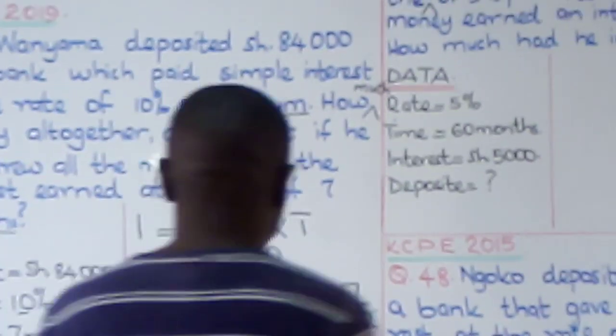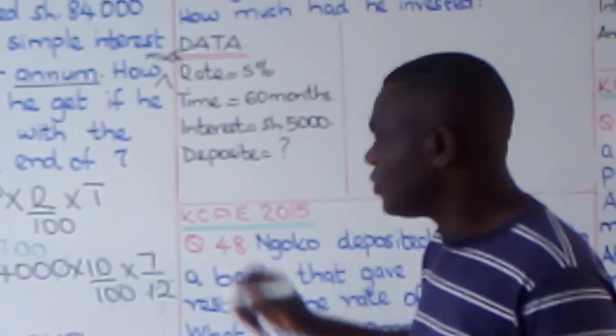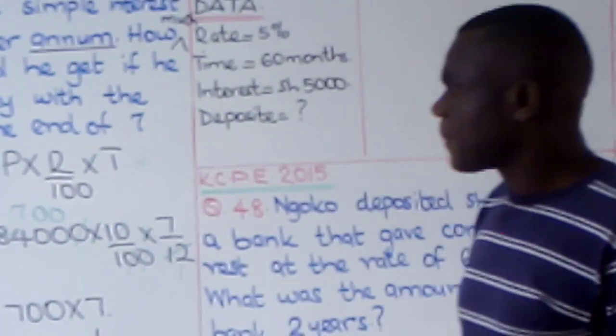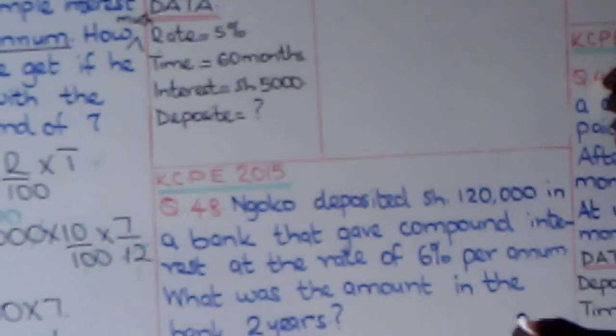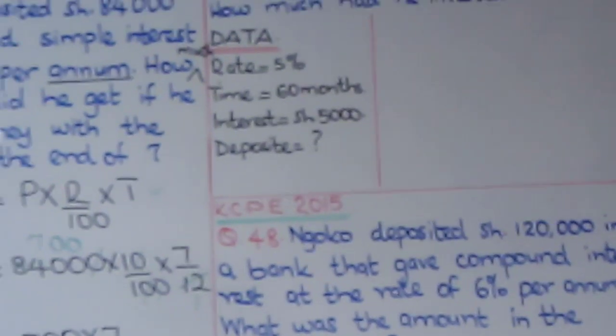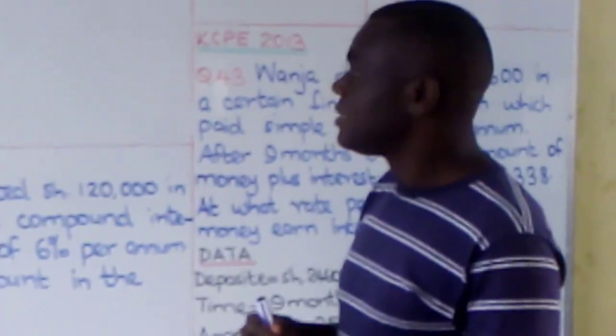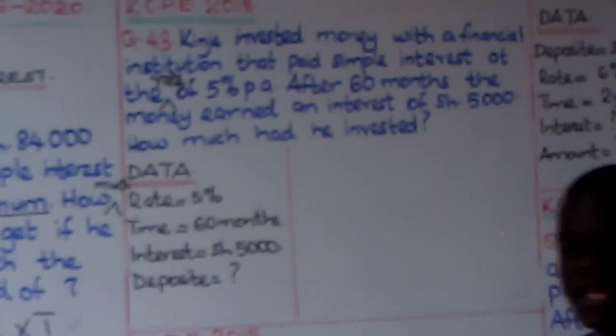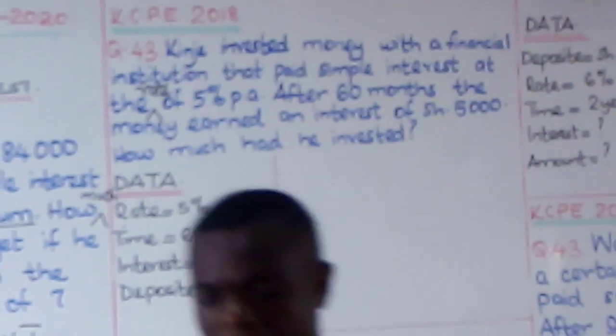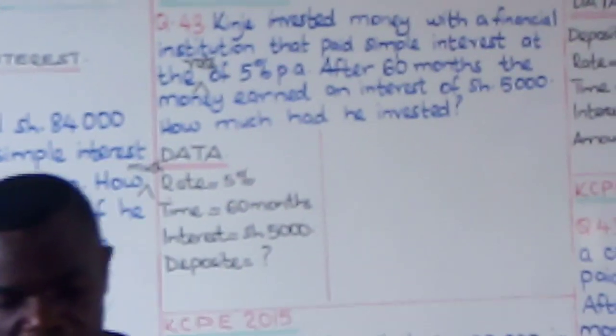Now here, we need to look at the formula of finding simple interest. That is, interest is equal to principal multiplied by rate over 100 multiplied by time. Somebody help us to find the deposit directly. Who can give us a direct formula where the principal is the subject?